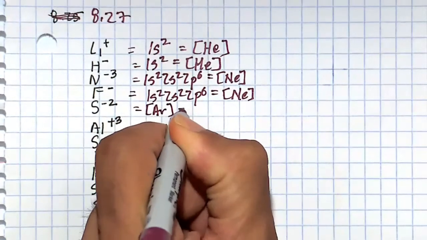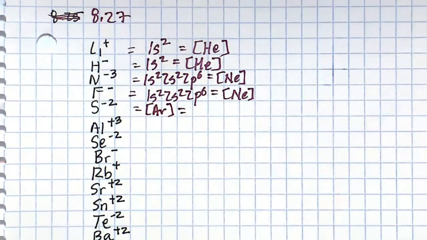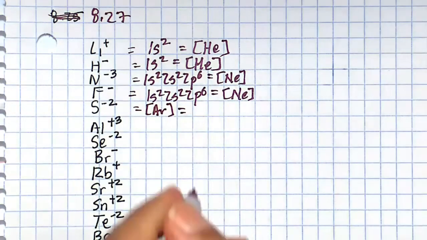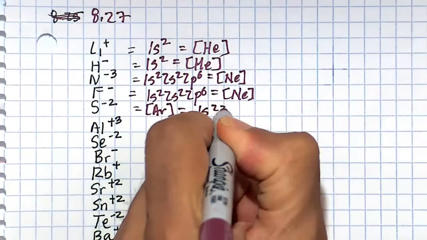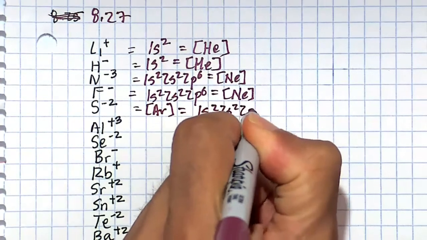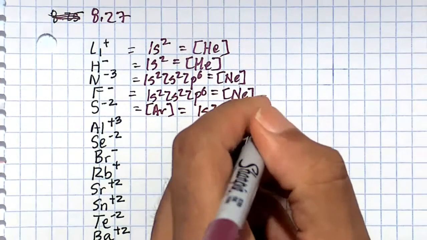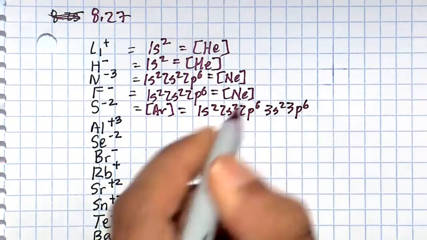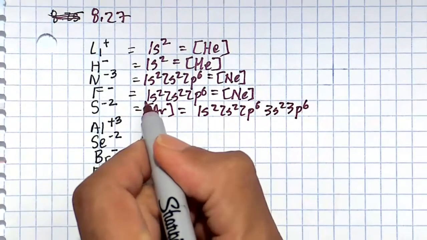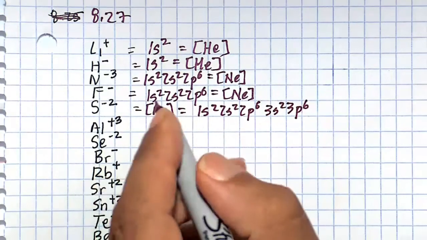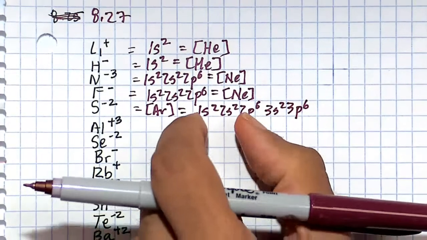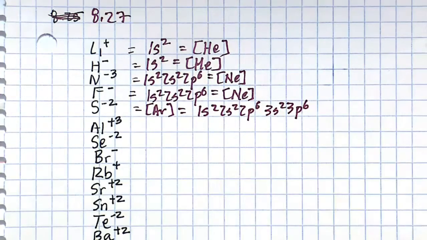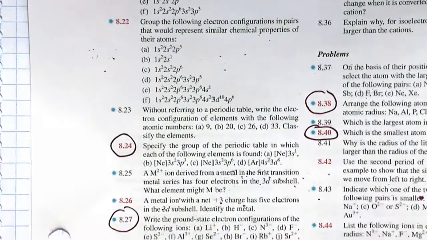Now it's asking you for the ground state, so we'll write everything out. It's going to be 1s2, 2s2, 2p6, and then 3s2, 3p6. Obviously, 1s2, 2s2, 2p6 is just the same thing as neon, but the problem asks for the ground state, so you have to write everything all out.